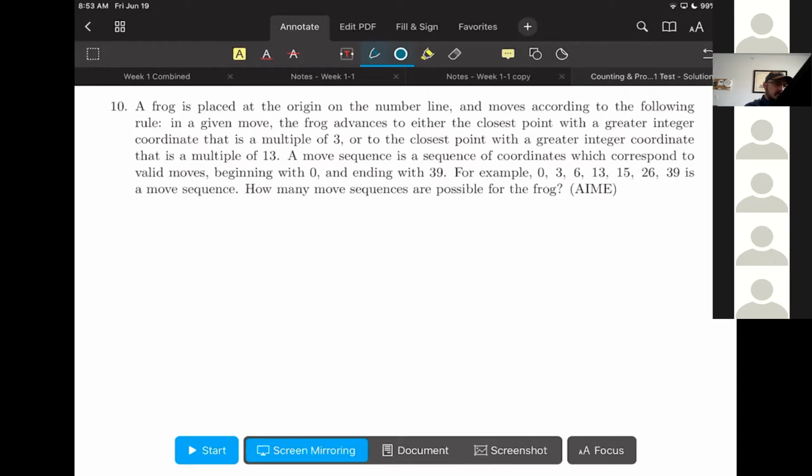So this is one that I think we could solve with casework, because there's a bunch of different sequences of moves that the frog could use to get to 39, and there's not a really obvious way that I could count them all at once.